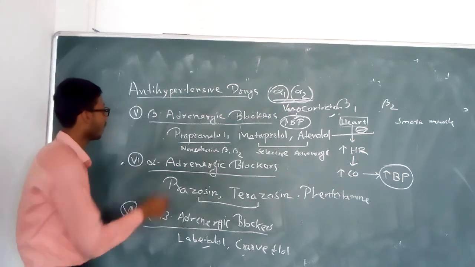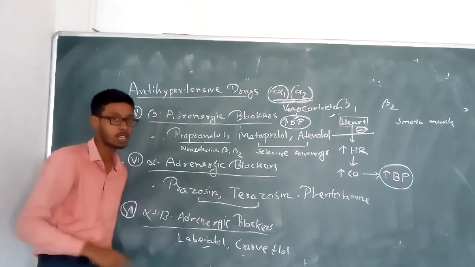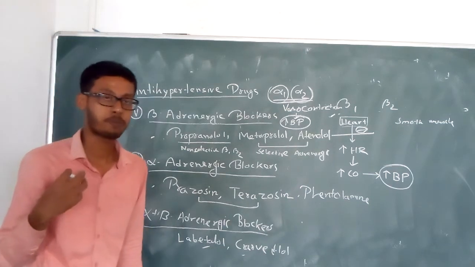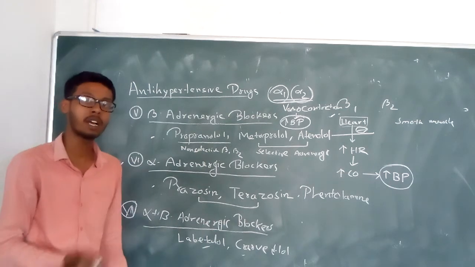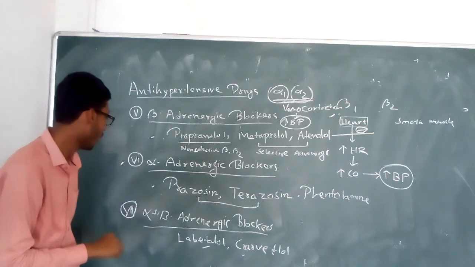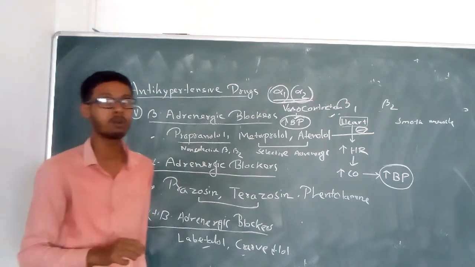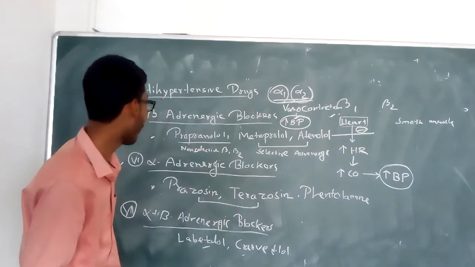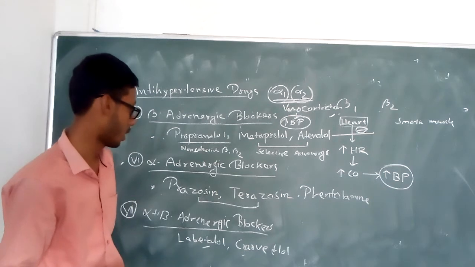The details of these drugs, the physical properties and brand names, are already covered in the adrenergic system and adrenoblocking system. I covered only the mechanism of action and how they are used in the treatment of hypertension.